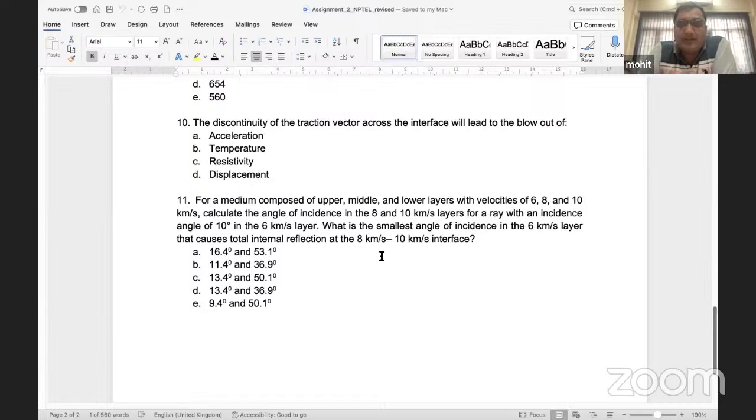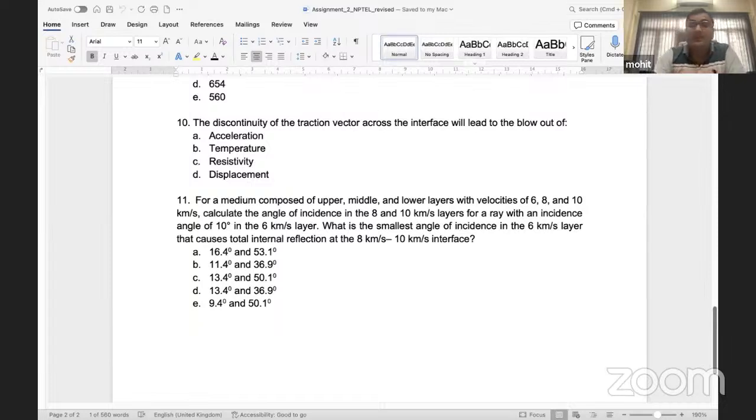What is the smallest angle of incidence in the 6 km per second layer that causes total internal reflection at the 8 and 10 km per second interface? So we know that in total internal reflection, the angle of refraction is 90 degrees. So for that purpose, you need to find out the smallest angle.